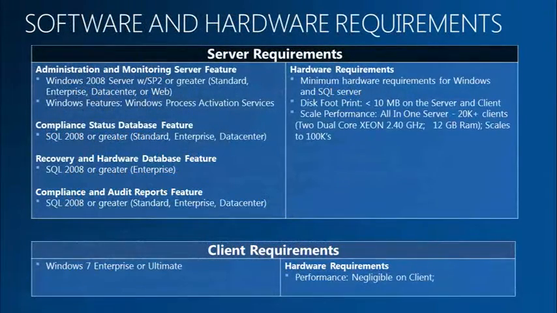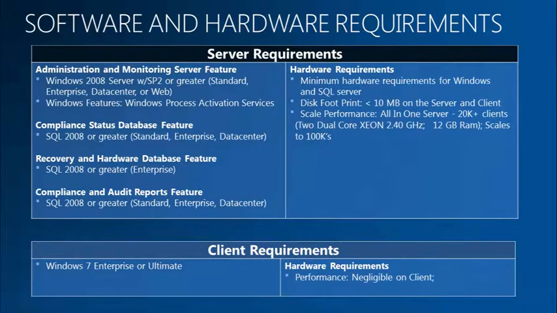This is the required hardware list of requirements, the most boring slide in the deck, but I included it here so you can all see it as a reference. This calls out, like I said, the requirements on SQL. You cannot use SQL Express because it doesn't have the features and functionality we need. So that's why we list that. Basically, Windows Server 2008 or higher, you'll be able to use and leverage.